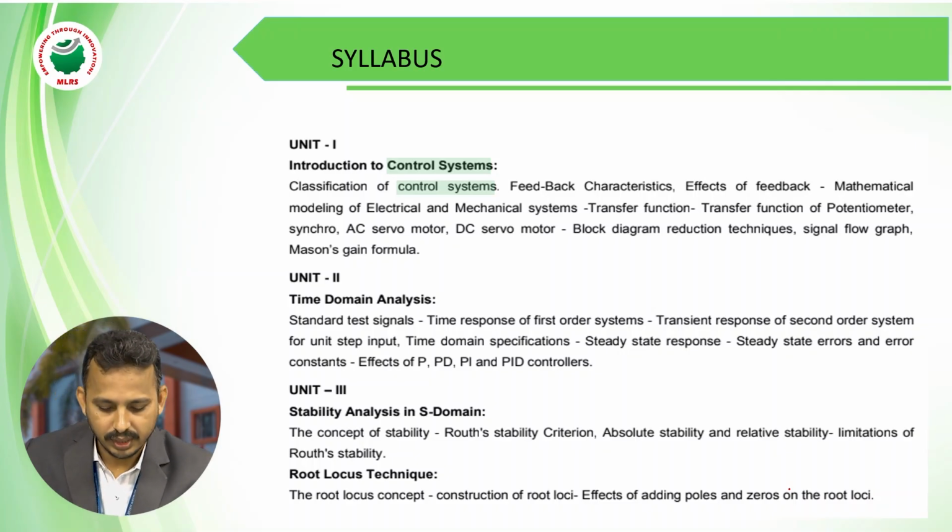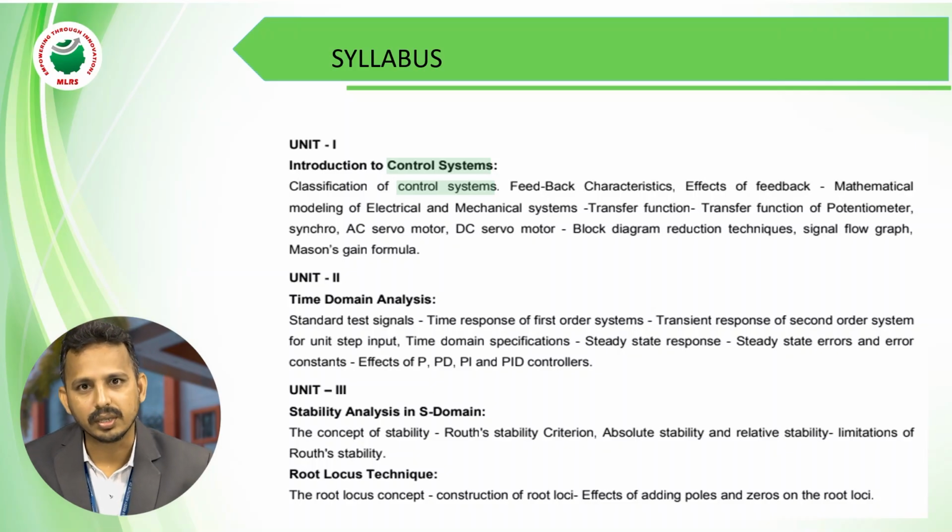In this chapter, the student will learn the standard test signals and time response of first order systems, time response of second order systems, and transient response of a second order system for unit step input and various test signals, and time domain specifications like rise time, peak time, delay time, and peak overshoot. He can also learn the steady state error and steady state response for various signals.